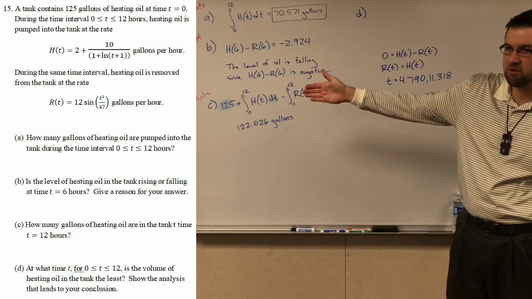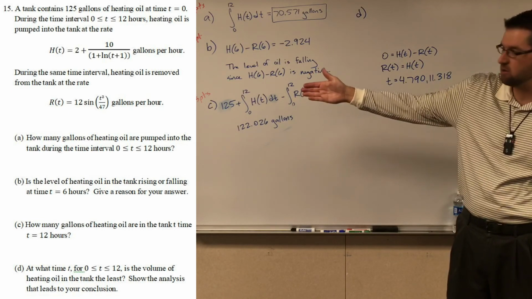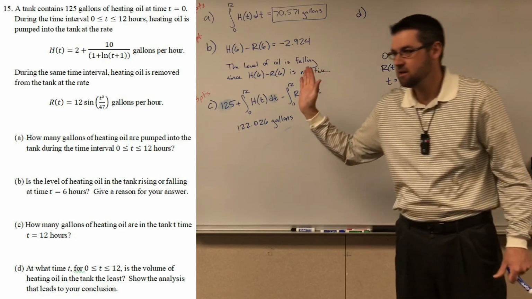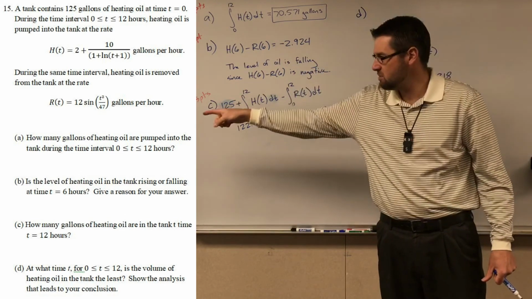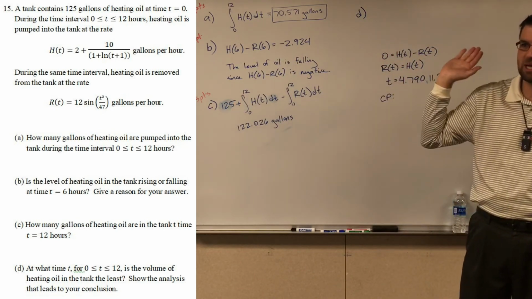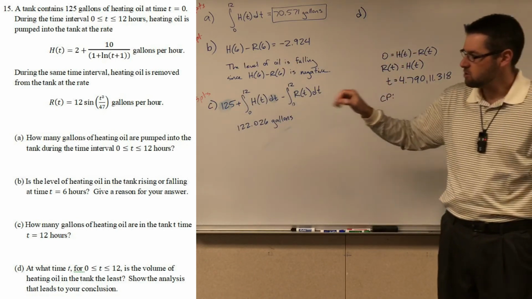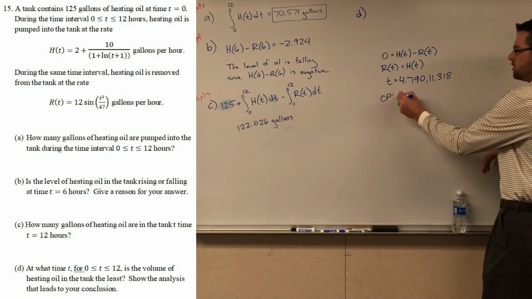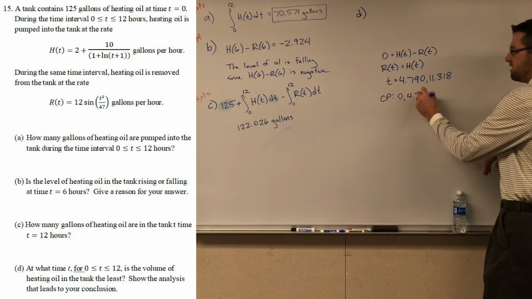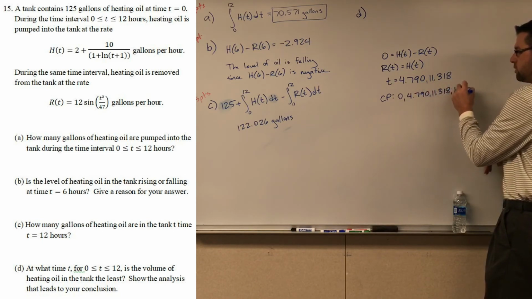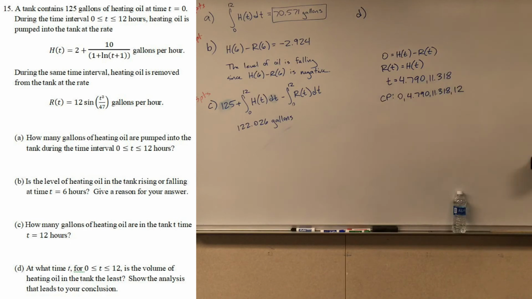You can only take the natural log of what kind of numbers? Positive values. So t can't be less than negative 1. Well, no, it's t plus 1. It's natural log of t plus 1. So it can't be less than negative 1, but that's outside the domain anyways, right? Because we're looking at 0 to 12. So that's it on the first one. What about the second one? That exists everywhere. So critical points are 0, 4.790, 11.318, and 12. You guys okay with that?